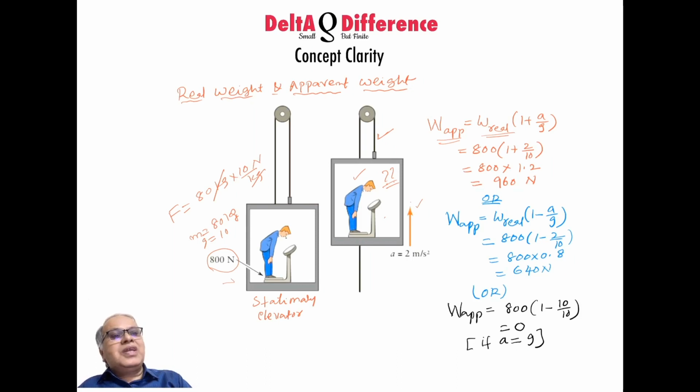Actually, the explanation of this comes properly from, as I told you, Einstein's principle of equivalence, which I'll be discussing sometime later. I don't want to mix it up with this. I told you our idea is to understand this within F equals ma and F equals G m M by r square.